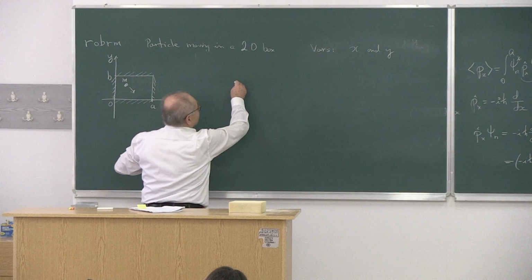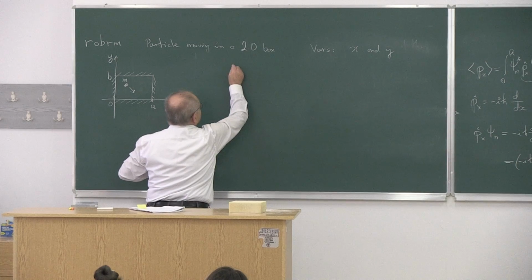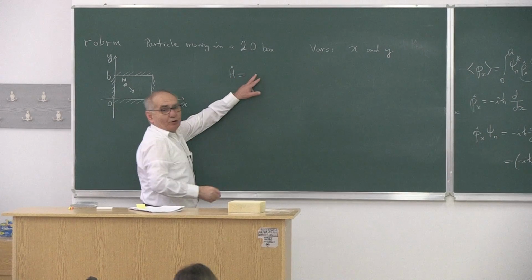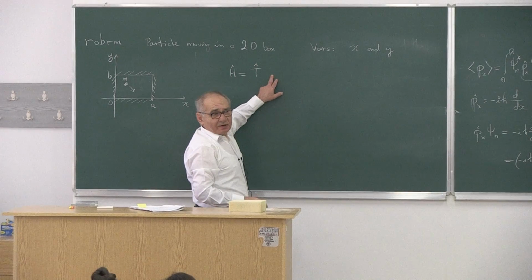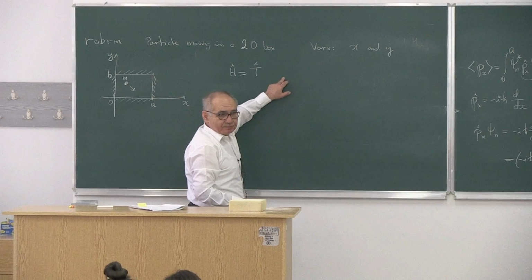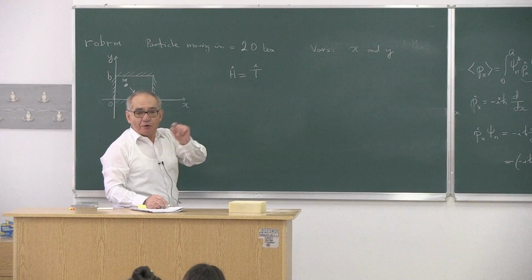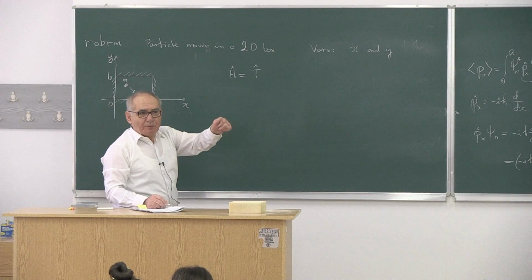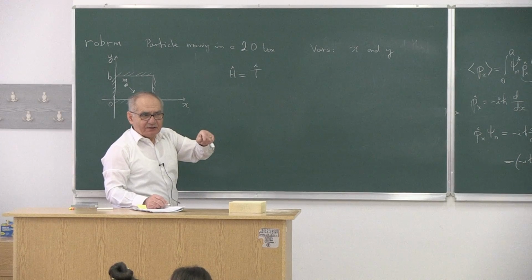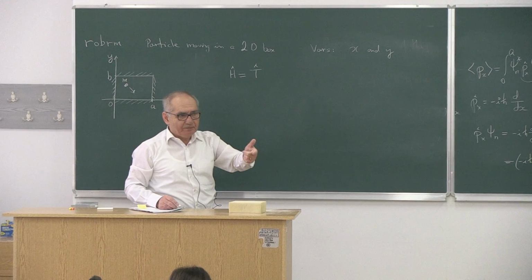Now, what is the Hamiltonian? Hamiltonian is kinetic plus potential energy. In this problem, we are assuming there are no forces. If there is no force, the potential energy is a constant. And the value of the constant is arbitrary.